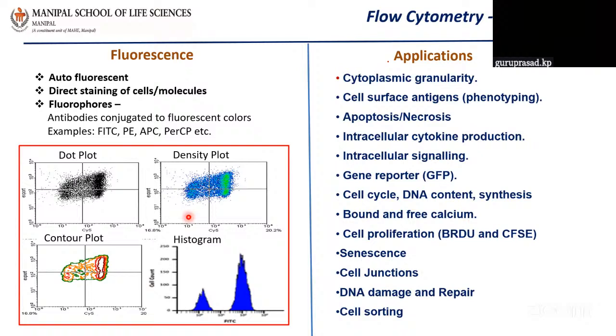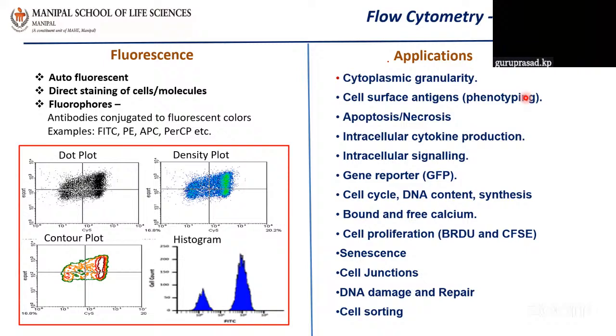So in an experiment, you can clearly prove using this instrumentation that the cell is granular. So you can use this in the experiment. Then immunophenotyping. The best example I can give is lymphocytes. There are many types of lymphocytes. Basically, we say B lymphocytes and T lymphocytes.